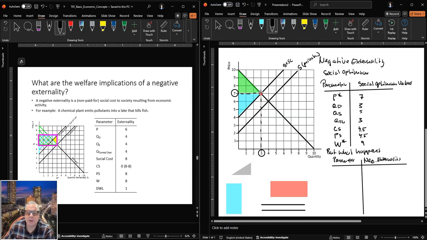Compared to the social optimum, what happens is the market clears here.